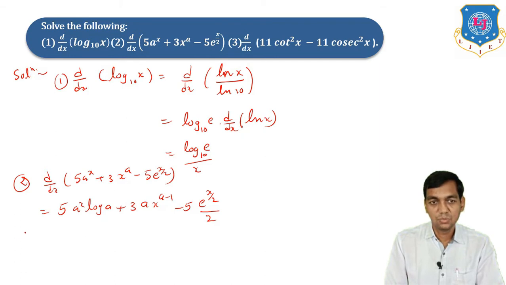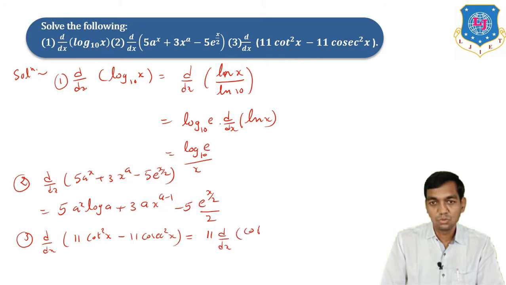Same manner, suppose you are finding the derivative, d by dx of 11 cot square x minus 11 cosec square x. Now please remember that here I am going to take 11 common out, d by dx of cot square x minus cosec square x.